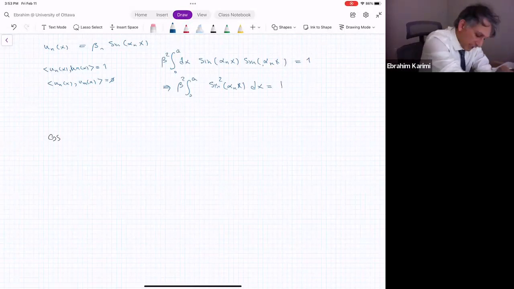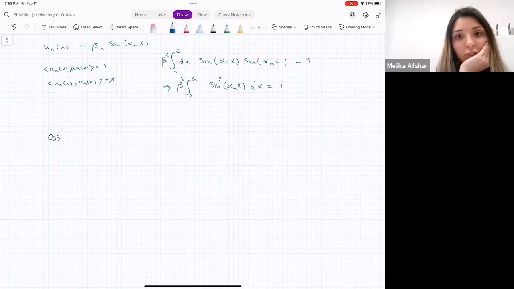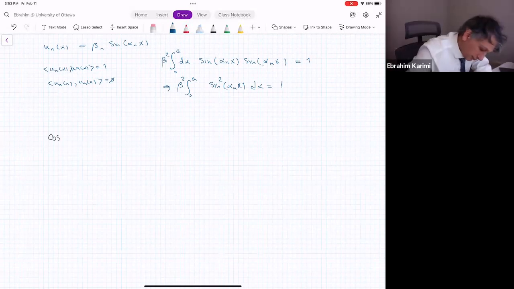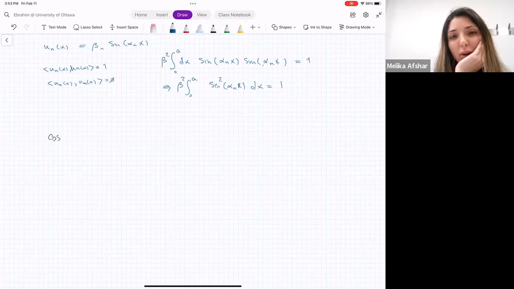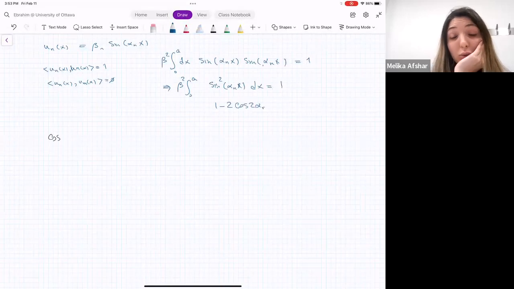So what is this integral? Let me do the mathematics as well. I guess sine to the power of 2 was 1 minus cosine of 2 alpha divided by 2, but I'm not sure, so I can check it.